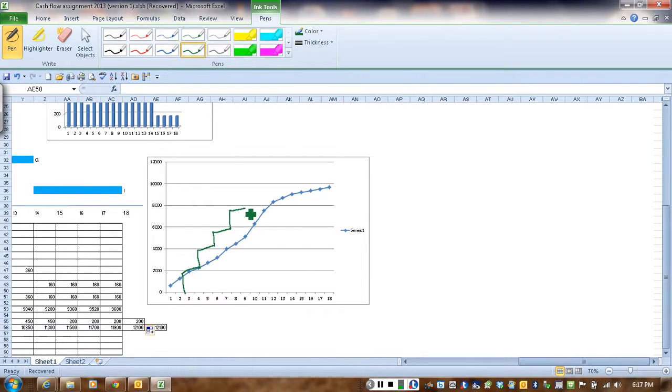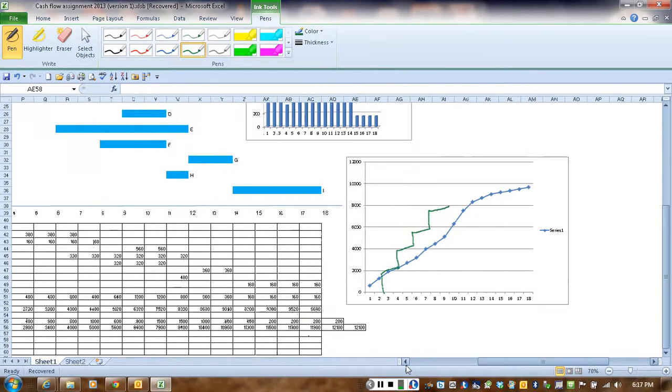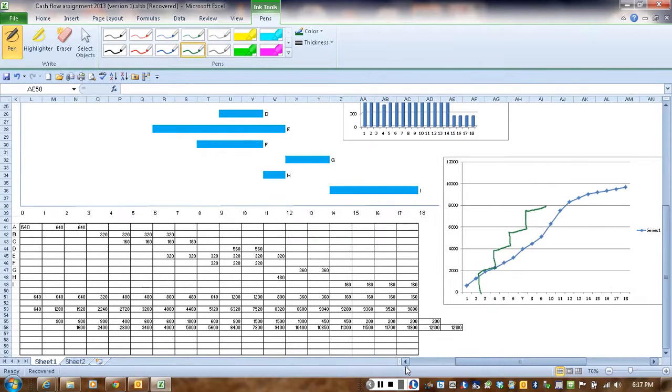The numbers are not drawn to scale, but you get the idea. It's going to be a stepped curve, so we can develop that stepped curve as well. Now, the difference between your cumulative expenditure and your cumulative billings, this is expenditure, this is billings, that difference is going to be your negative cash flow.